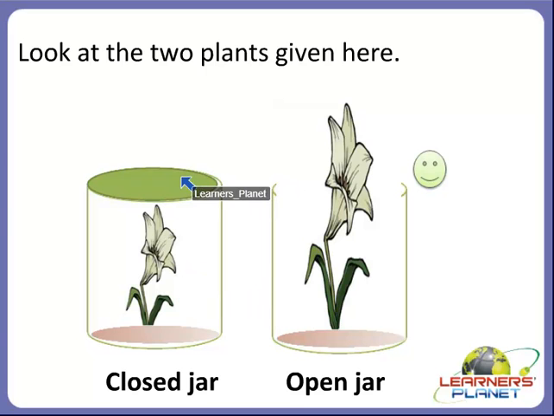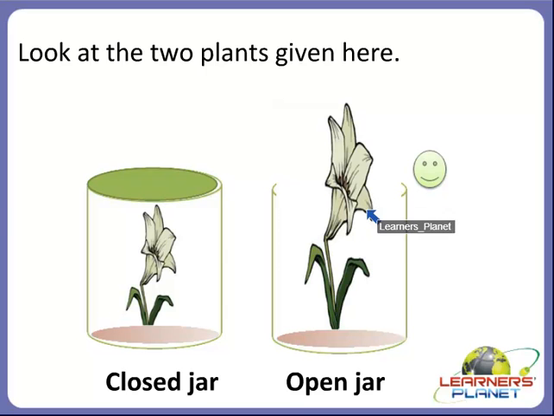As the jar is closed, there is no fresh supply of air. So this plant looks tired and unhappy. So children, we can see that a plant needs air to grow.